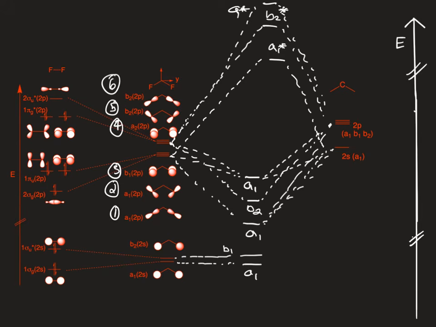We're now going to add in this B1 combination with the 2px B1 orbital on the carbon atom. That's going to form a bonding and an antibonding combination.